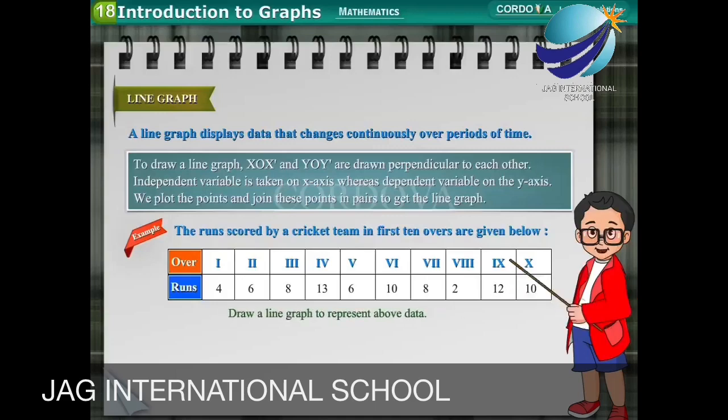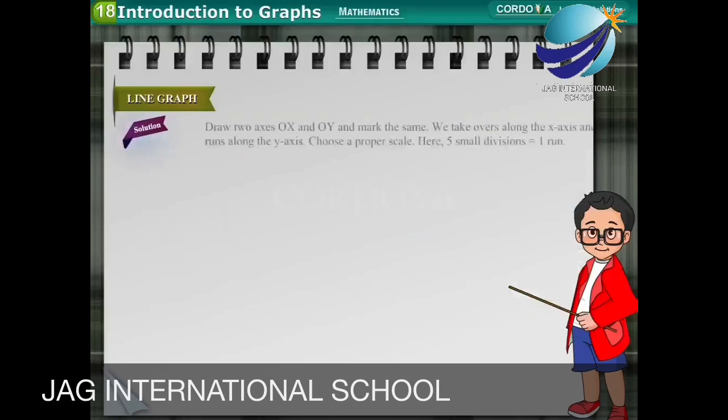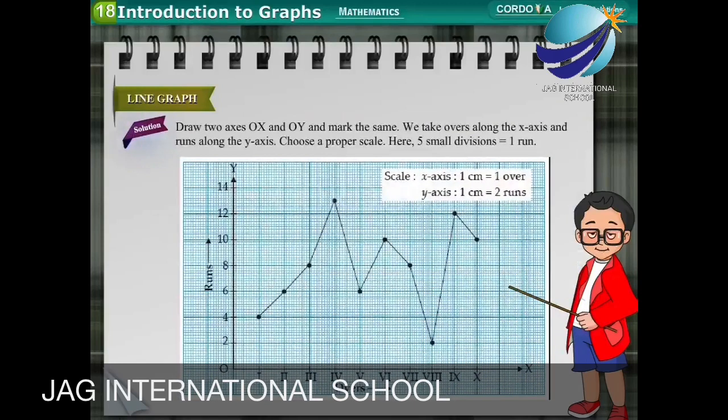Draw a line graph to represent above data. Solution. Draw two axes, OX and OY, and mark the same. We take overs along the x-axis and runs along the y-axis. Choose a proper scale. Here, 5 small divisions is equal to 1 run.